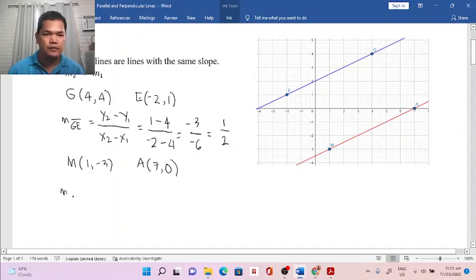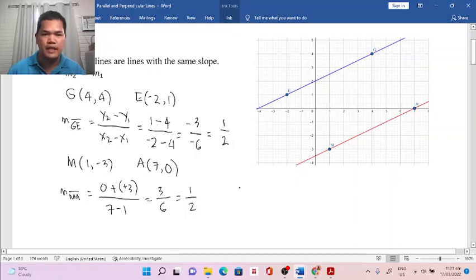The slope of line segment MA is equal to 0 minus -3 over 7 minus 1, which is equal to, since this is subtraction, we have to change the sign and proceed to addition. So 0 plus 3 is 3, and 7 minus 1 is 6. So 3 divided by 6 is the same as 1/2.